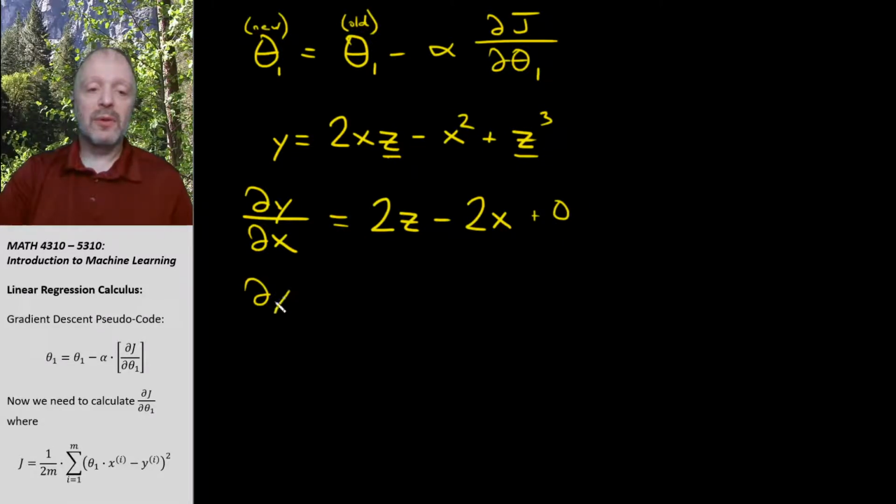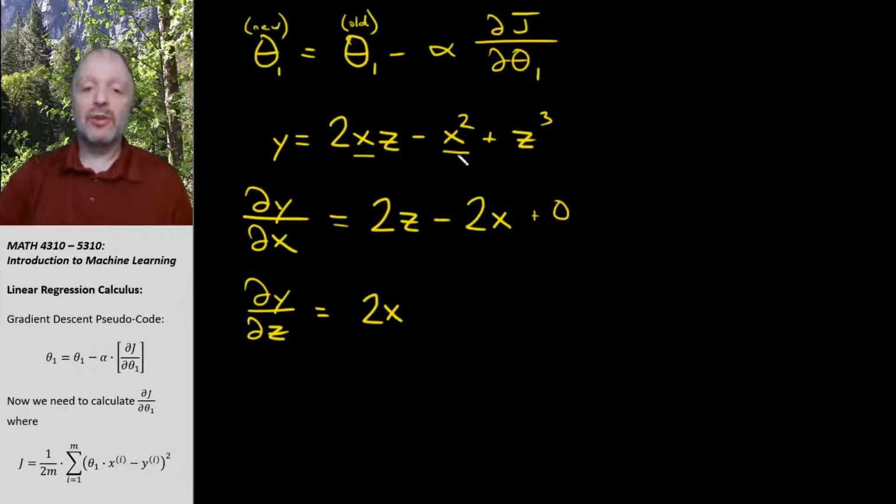Now, if I wanted to do the partial of y with respect to z, now, instead of x being held fixed, z is going to be held fixed. So now my x's are constants. Okay? So the partial of this term with respect to z is just going to yield 2x because those are the constants that are multiplied by the z.